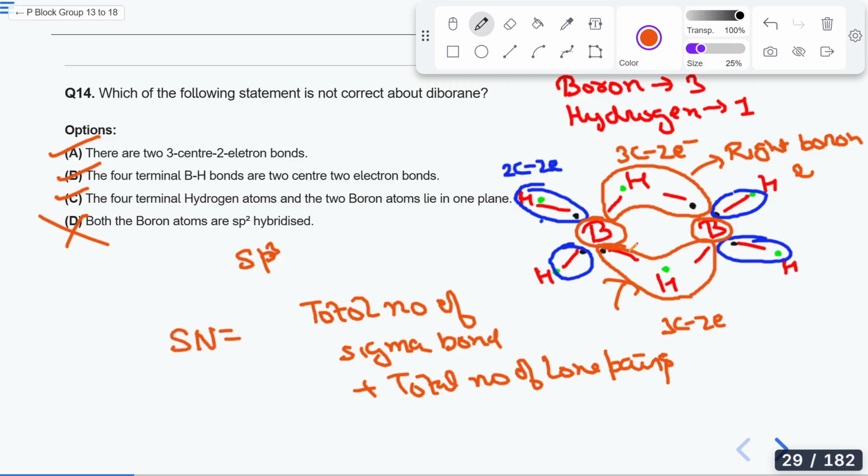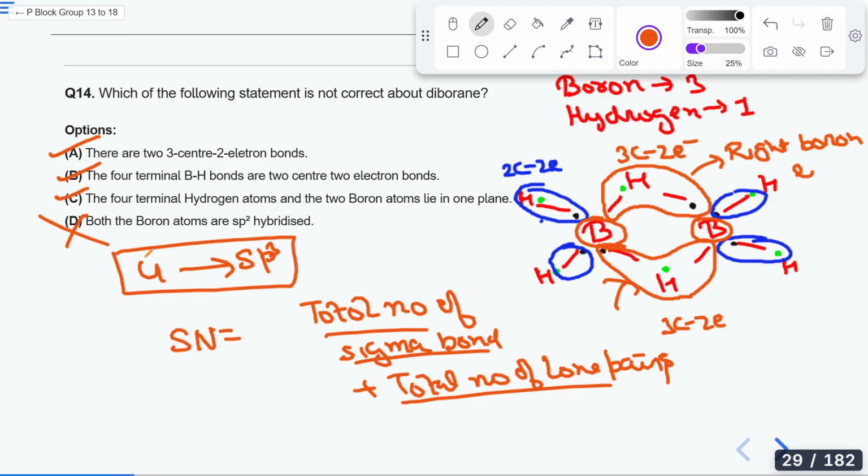By looking at the structure. Number of sigma bonds plus total number of lone pairs. So here the boron is making 4 sigma bonds and no lone pairs are present. So the hybridization related to steric number 4 is sp3. In this way you can determine. Anyone having any doubt regarding this one? I hope this is clear to all of you.